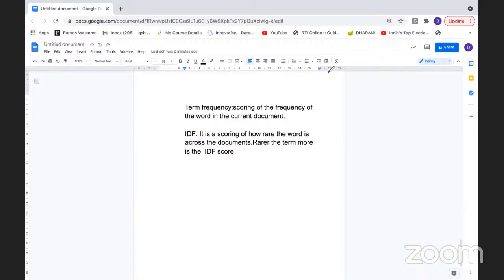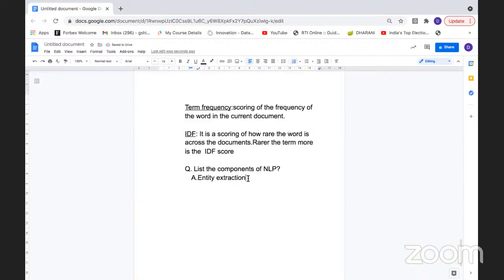Let me write it down. List the components of NLP. First, you have entity extraction.